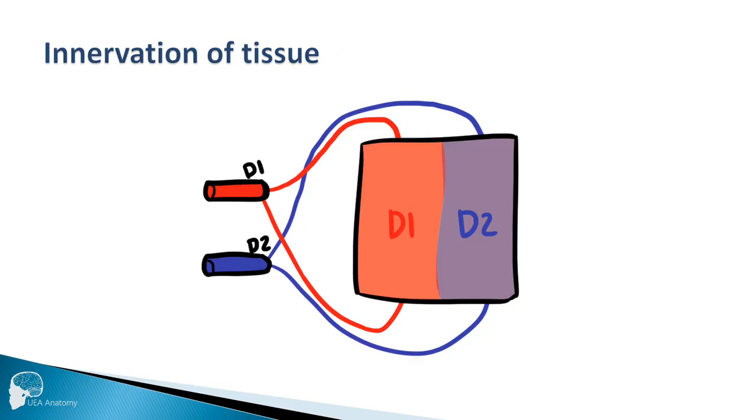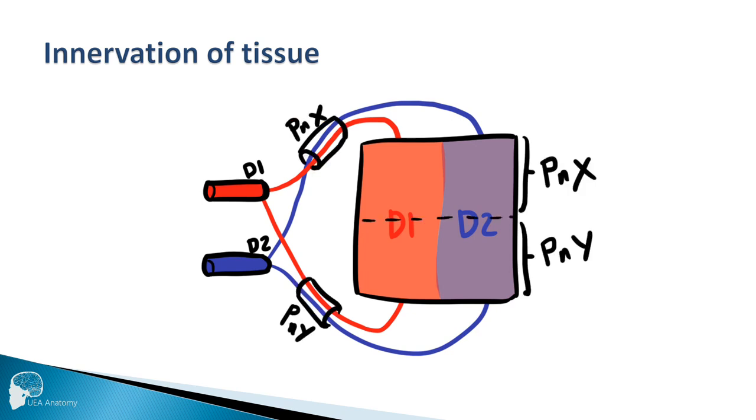Spinal nerve root D2 innervates the right portion of the block of tissue. The individual nerve fibres connecting D1 and D2 and the block of tissue are bundled together in peripheral nerves PNX and PNY.